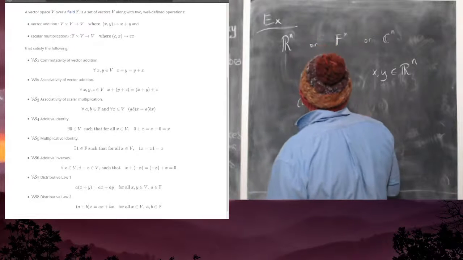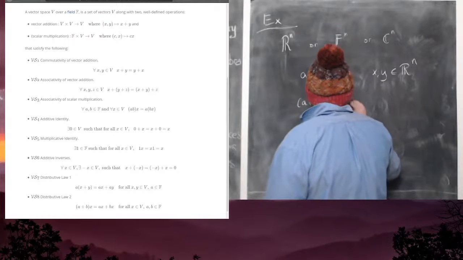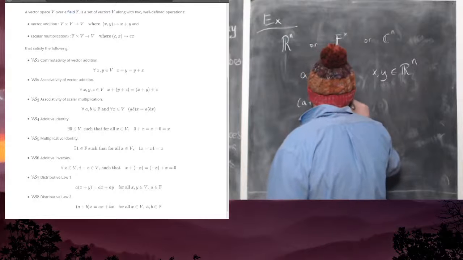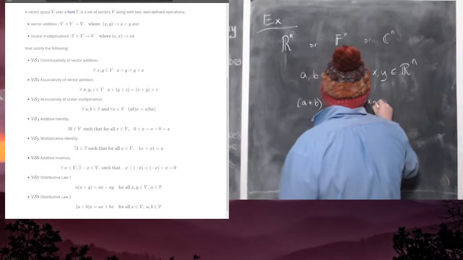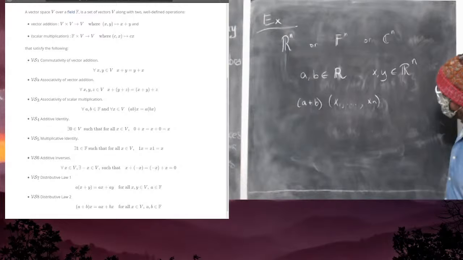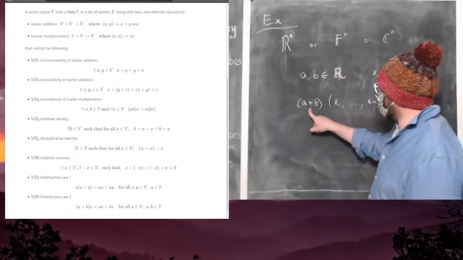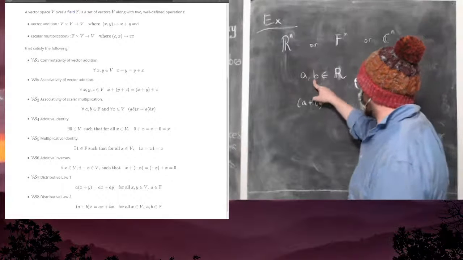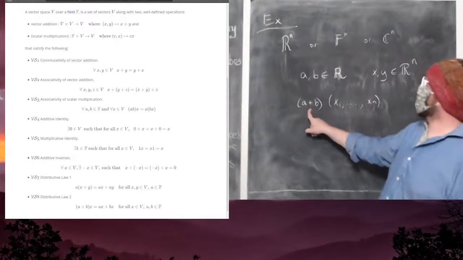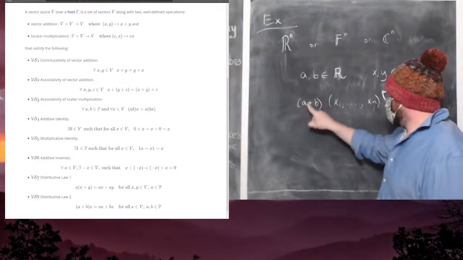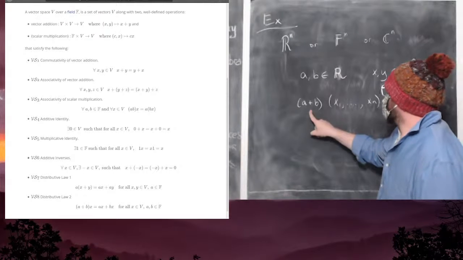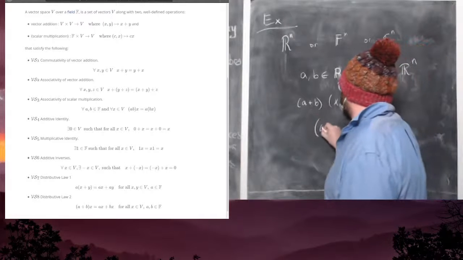I guess I just switched those up, didn't I? Whatever. Okay. Well, this is from the field, right? Because these two things are in the real numbers, so their sum is in the real numbers. So this is just a field element, and we know by our definition of multiplication, we just distribute it across.